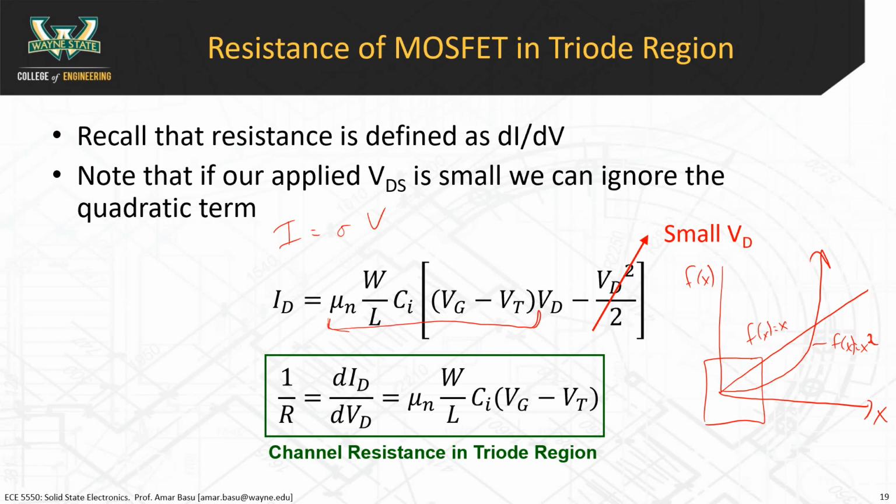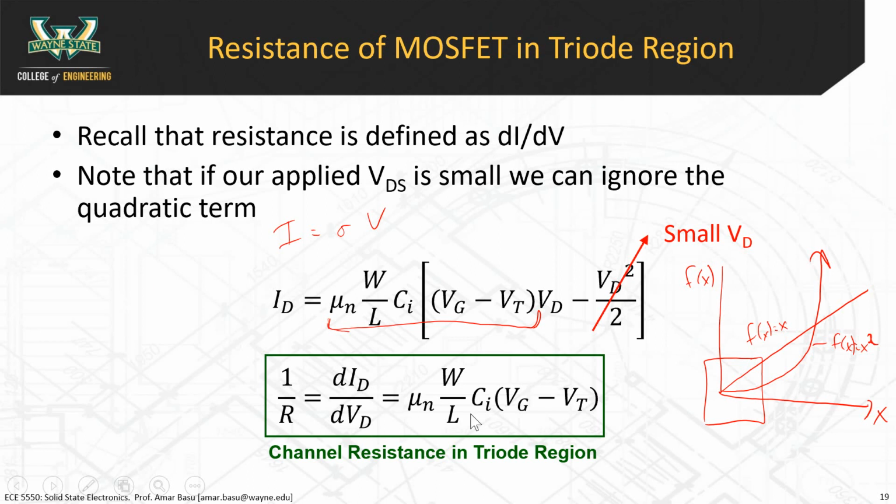And so it behaves very much like a resistor. And in fact, we can derive the resistance. The conductance is 1 over the resistance, and that's what's basically being shown here. Right, so the conductance is equal to di over dv, and this is equal to mu n times W over L, Ci, Vg minus Vt.